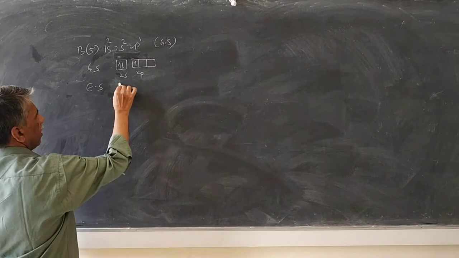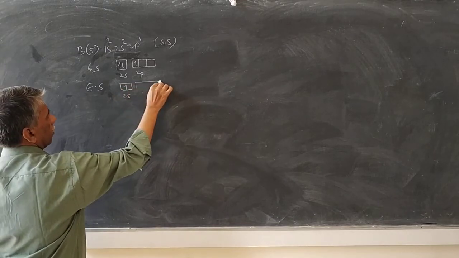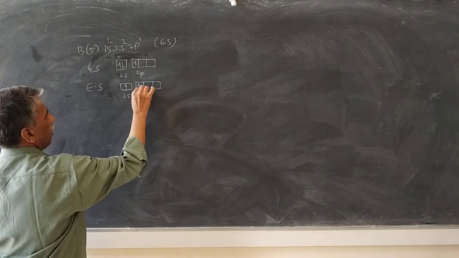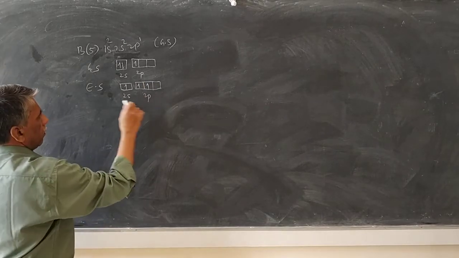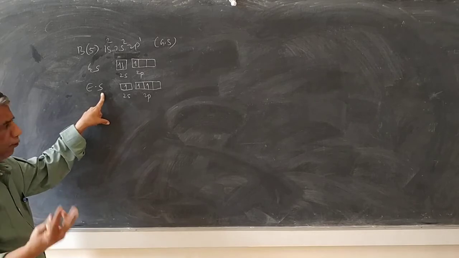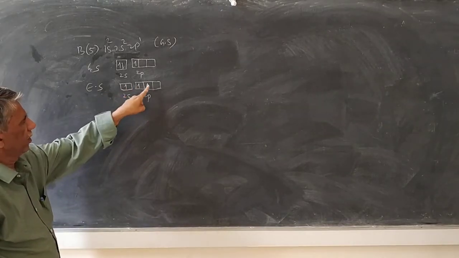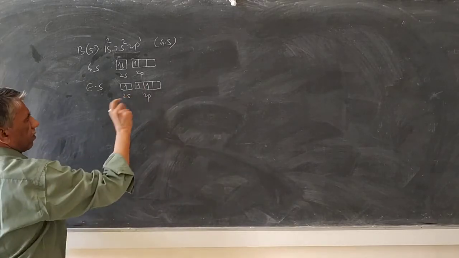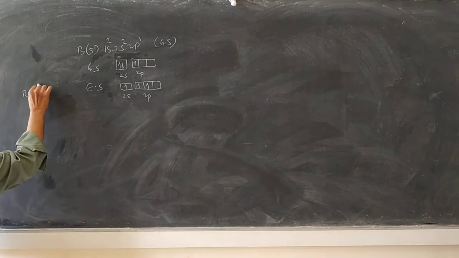Then the configuration is this is 2s, this is 2p, 1, 1, 1. This is the electronic configuration in the excited state. Now you can easily see here 3 unpaired electrons are there. So these 3 unpaired electrons are sufficient to combine with 3 Cl atoms.